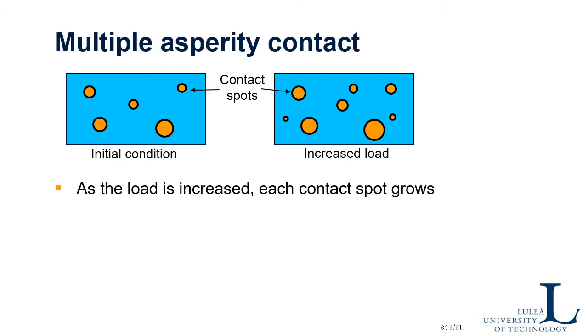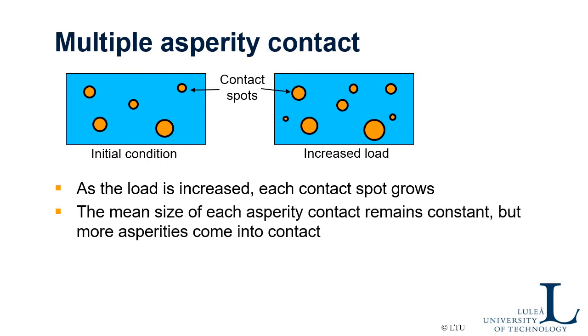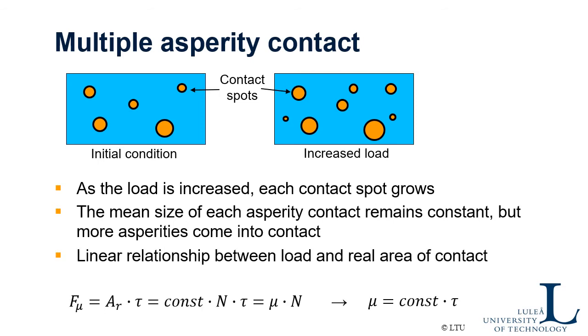When you increase the load, each spot is growing. This spot grew to this size now. But actually, the average size of the different contact spots remains constant, because additional contact spots occur. The average size is about the same all the time.